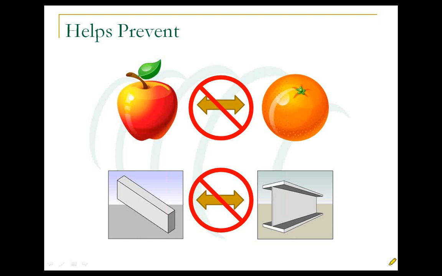Now, what you really need to make sure of is that they're entirely equivalent. For example, concrete generally is self-fire protecting. In other words, concrete cover over steel reinforcement provides its own fire resistance. Steel, on the other hand, does not. You would have to include fire-resistant materials on the steel beam to make it a completely equivalent comparison.